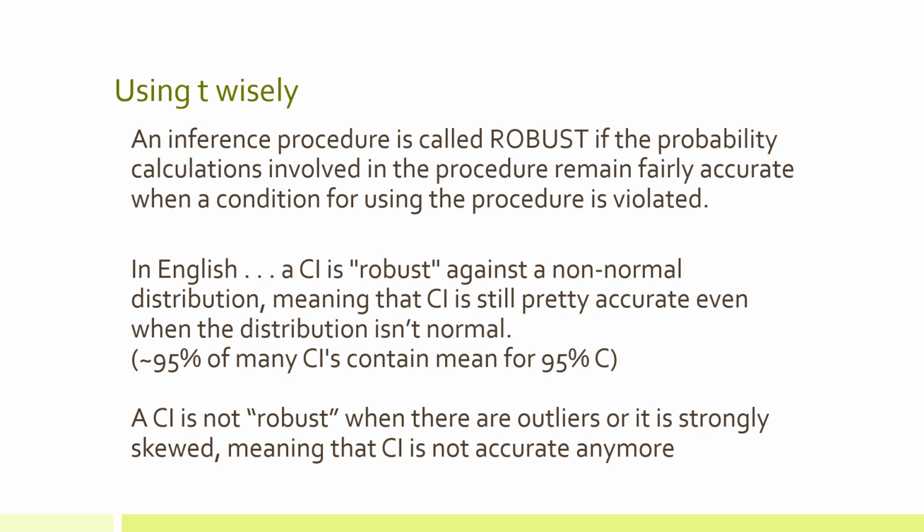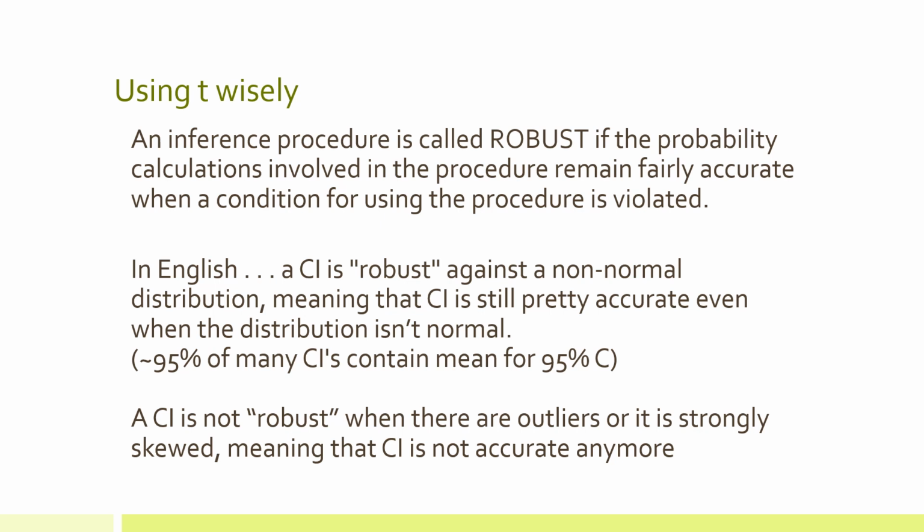You can still use it because approximately 95% of the confidence intervals are going to contain the mean if you're doing a 95% confidence level. So it's okay, still use it. But if it's less than 30 and there are outliers or it is strongly skewed, you cannot use it.